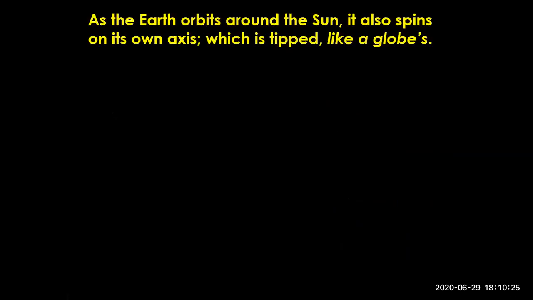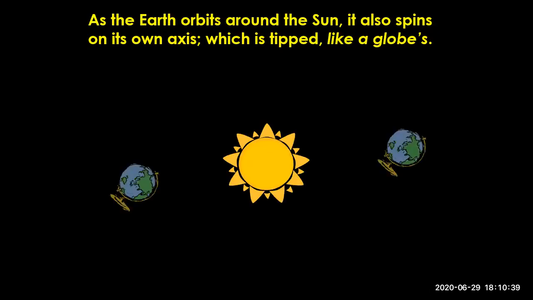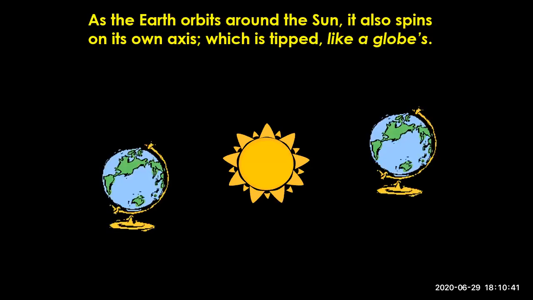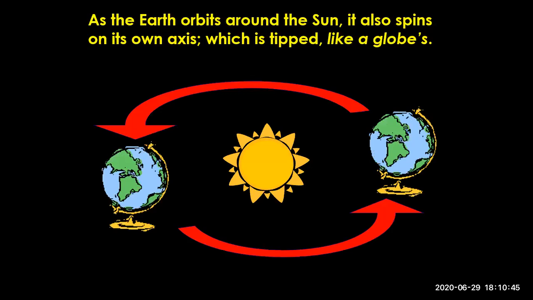As the earth orbits around the sun, it also spins on its own axis, which is tilted like a globe. You see it spinning on its own axis as well. So that's the earth spinning on its own axis.